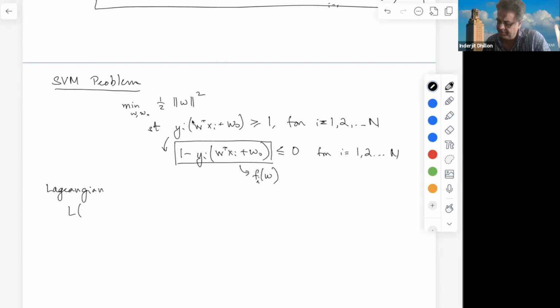The Lagrangian is a function of the primal variables, and then we have inequality constraints, and let me call the corresponding Lagrange multipliers or dual variables alpha. That's very much the standard way that people have looked at it.